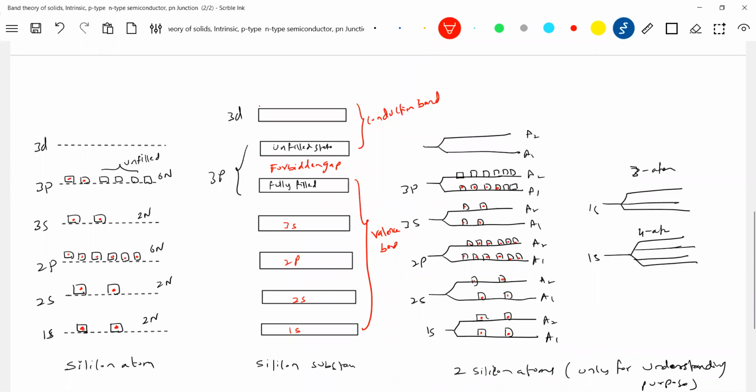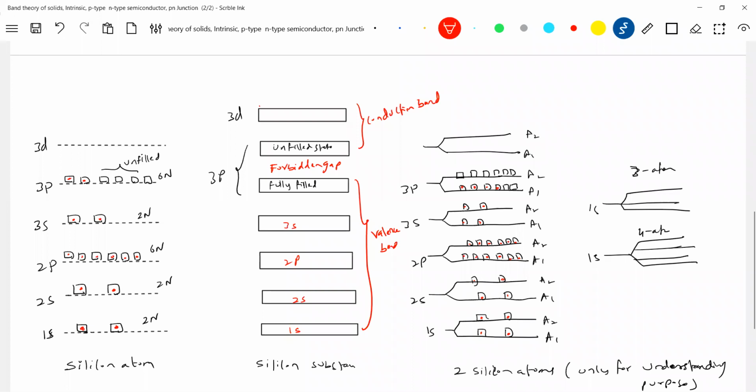So the lowermost unfilled conduction band and the uppermost valence band are 3p only, of the silicon atom, for the silicon substance. The third diagram, it's not at all a thing to show; I brought it only to make students think. Otherwise, I should show only for an atom and for a substance, because we never discuss anything for two atoms.